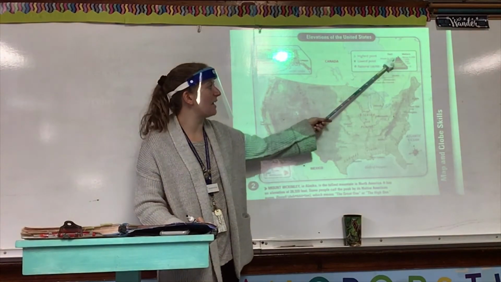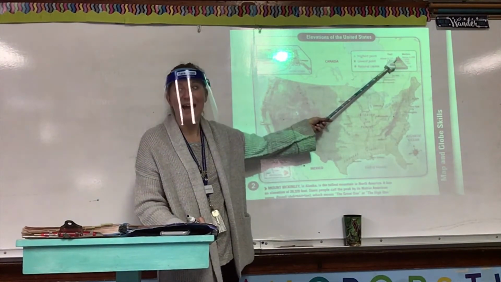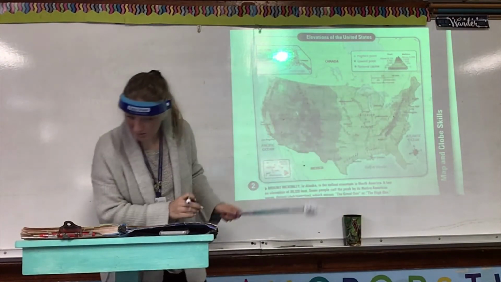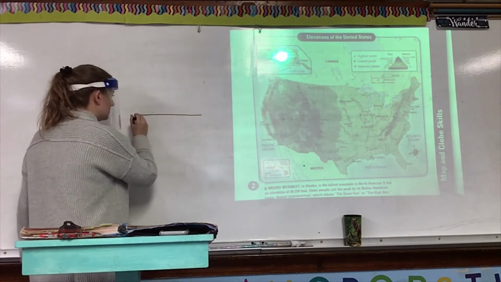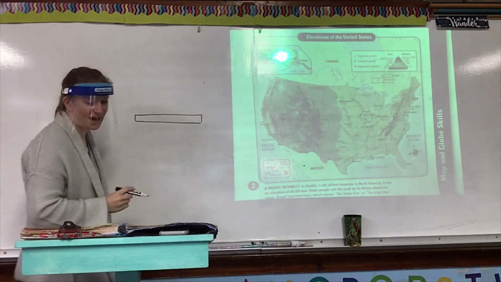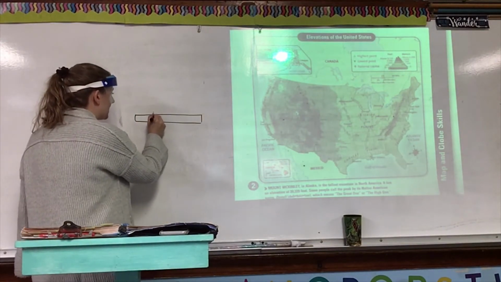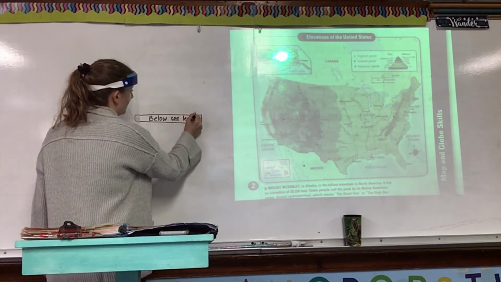So that means the higher you go, that color means it's higher. It's like a mountain. So at the very bottom, we have pink. Anything that is pink is below sea level.